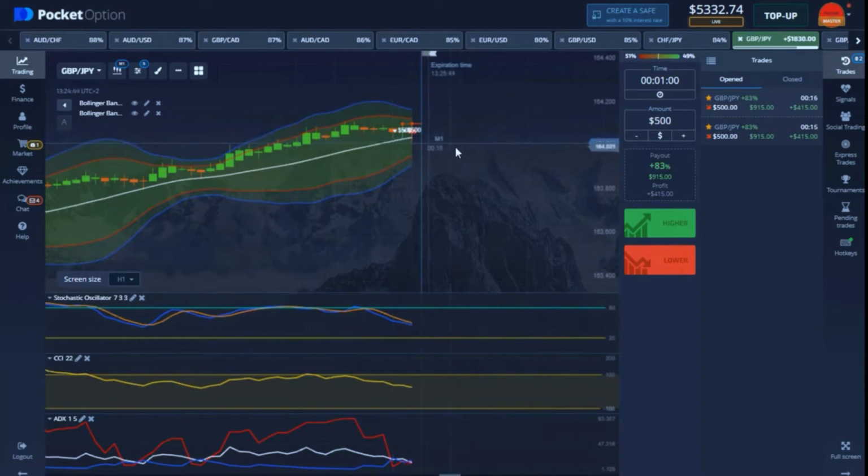So guys, you all need to understand this. All you have to look at when it comes to these three indicators down here is that the stochastic oscillator and the CCI will be following the trend coming down if you're taking a down trade.